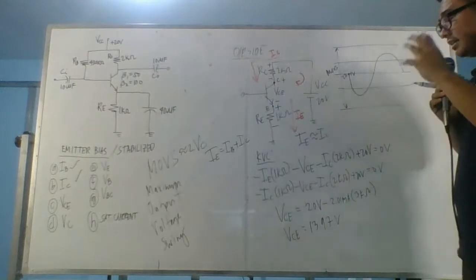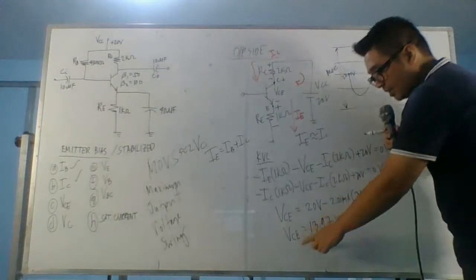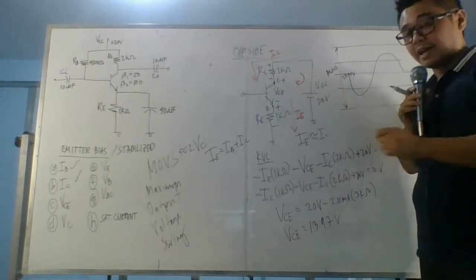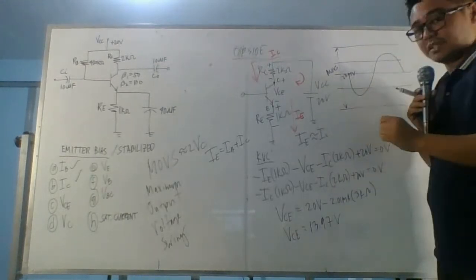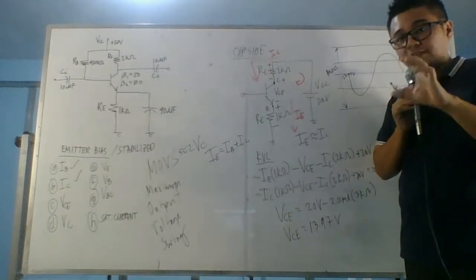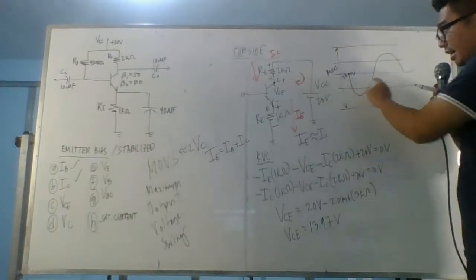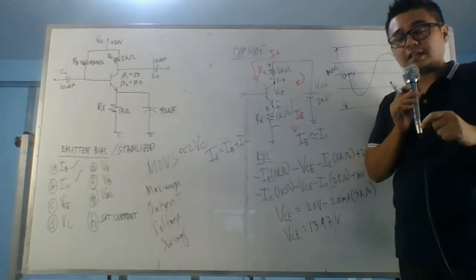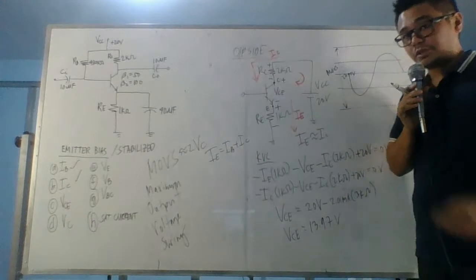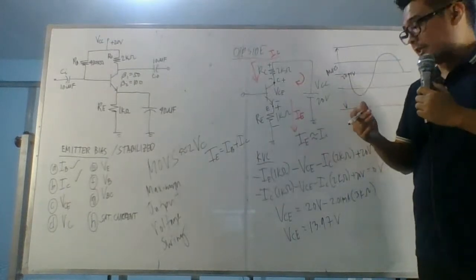That's why it's important for us na ang VCE ay hindi magbago masyado. Magbabago yung beta, kasi pag nagbago na siyang masyado, yung moves lumiliit. Pag lumiit yung moves natin, anong nangyayari sa output signal? Nagkakaroon tayo ng clipping or pagputol ng signal or signal distortion. Yun ang iniiwasan natin. Okay?